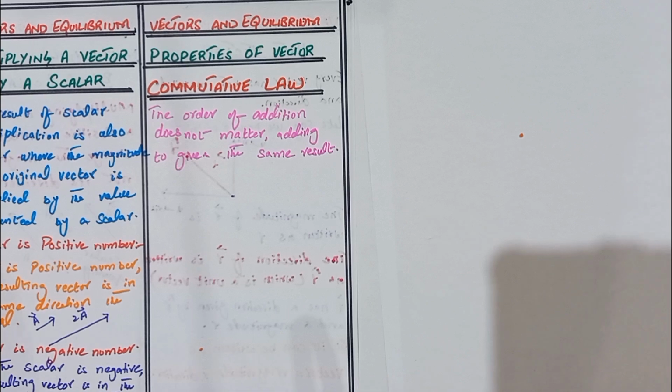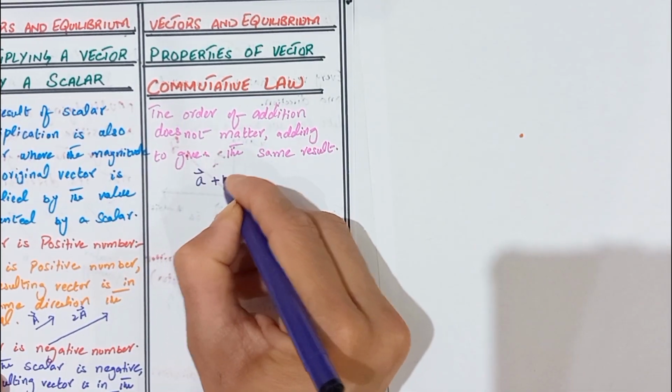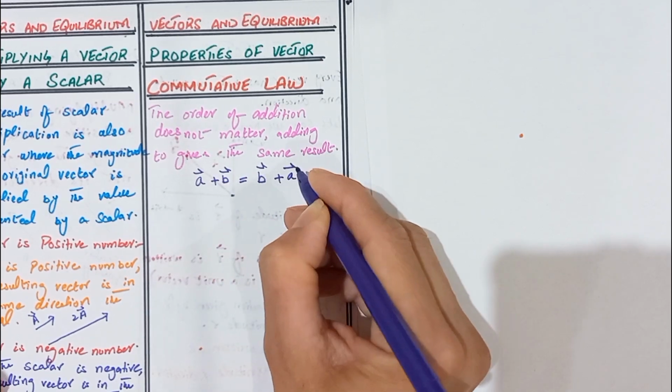If we take the two vectors, if we reverse the order of the vectors by adding, it does not matter, we get the same result.